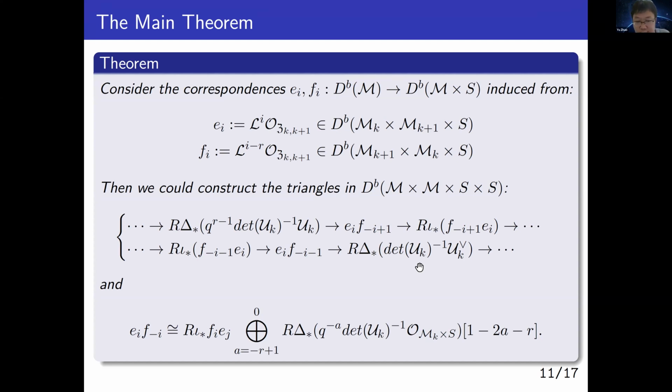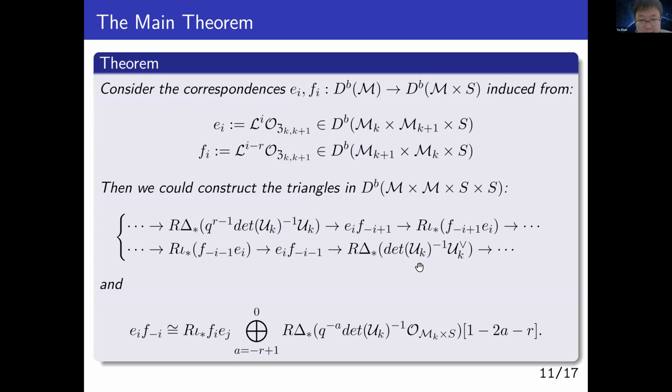The second question is, what if i plus j equals 0? Then it is not only a natural transformation. This transformation will split. So here we have E_i F_{-i} and F_{-i} E_i, and here we have some direct sum.